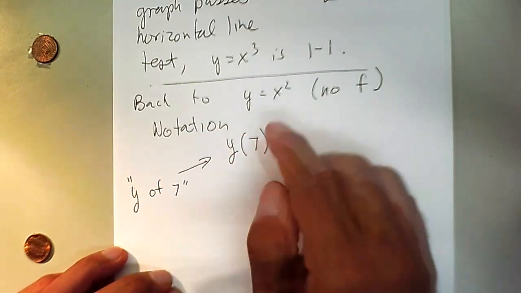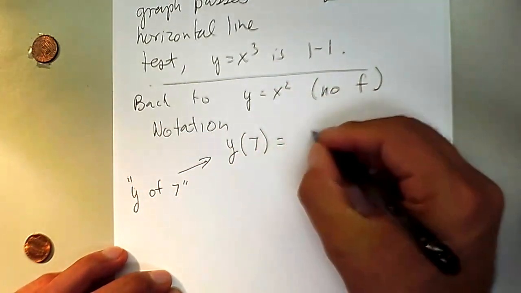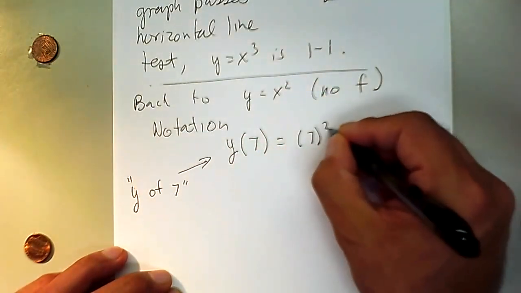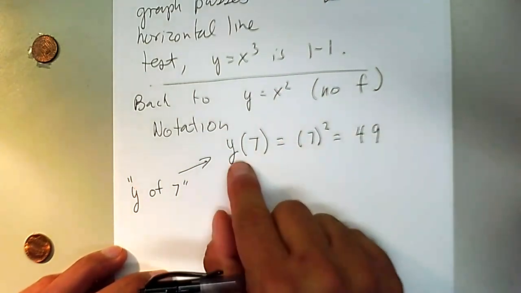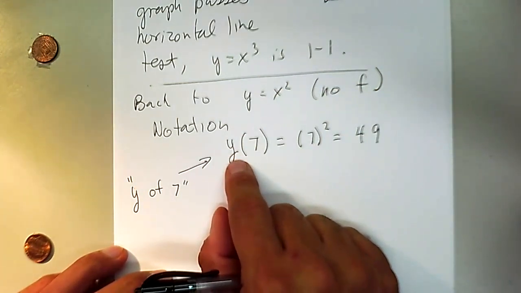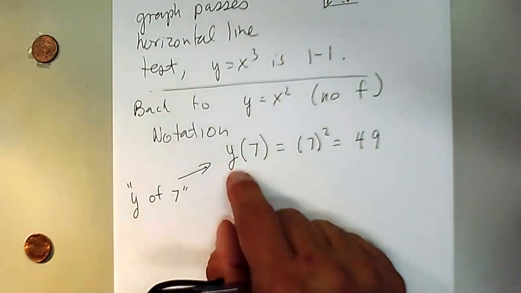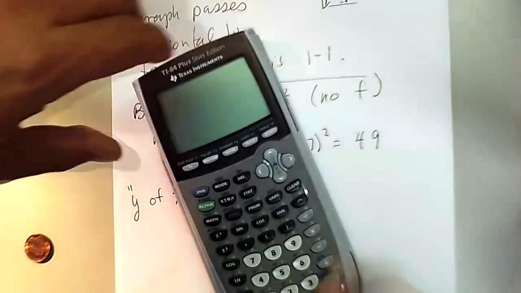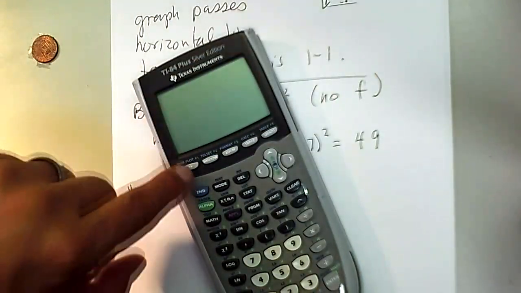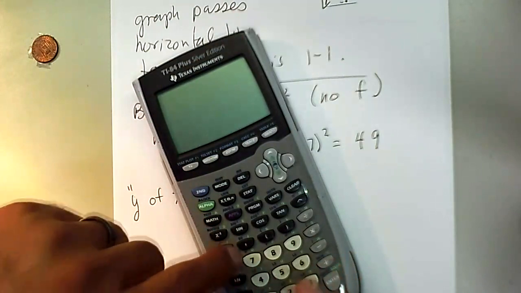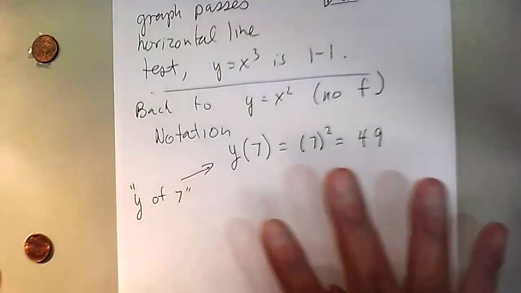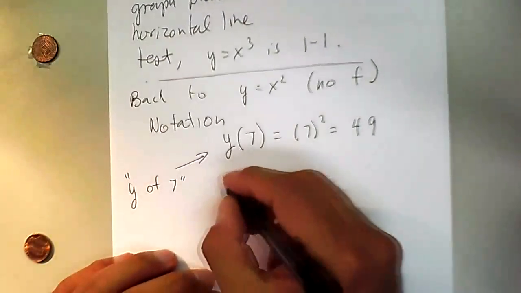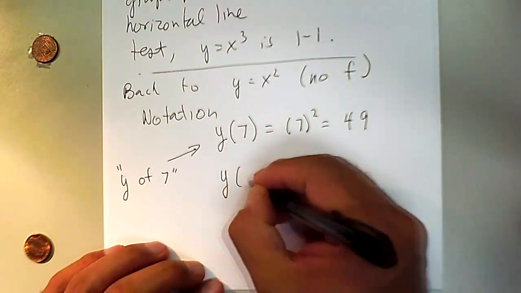So y of 7 in this case would be 7 squared, and that is 49. So please keep in mind, sometimes we will use this notation. In fact, graphing calculators use that. If you already have a function and you put y of that function, the calculator already knows the input is that. So that is widely established. It's not that I'm making that up.